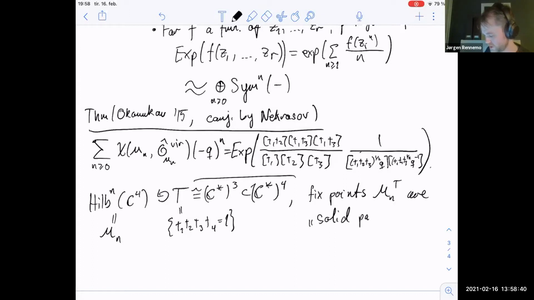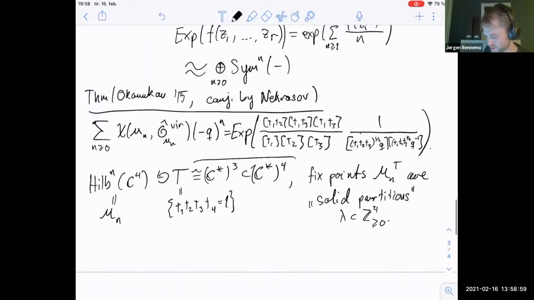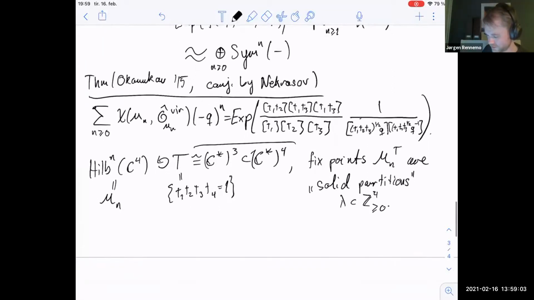It's just the same thing one dimension up: stacks of 4-dimensional boxes in the corner of a 4-dimensional room now. So these lie in certain subsets of Z4 positive integers.